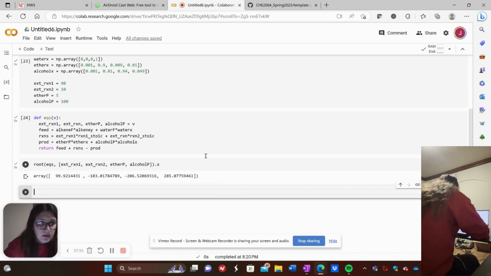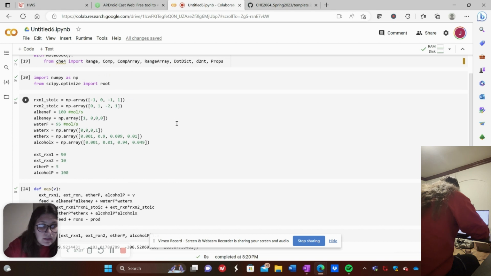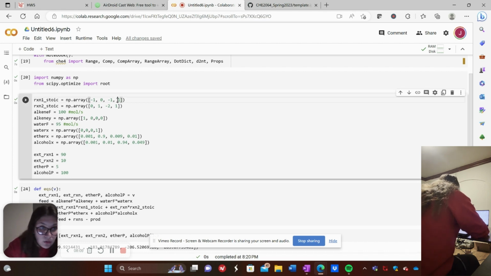And something is wrong here. Let me make sure my negative signs are good up here. We have propylene as a reactant. This water here was a reactant, and this was our product up there. Check these while I'm at it.